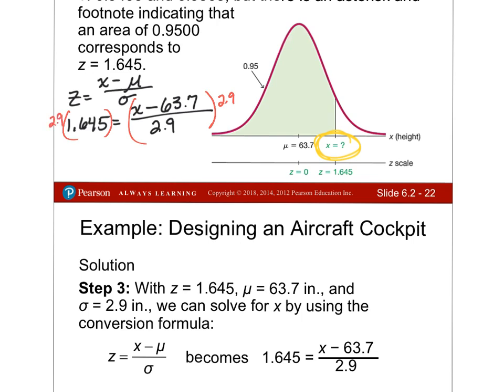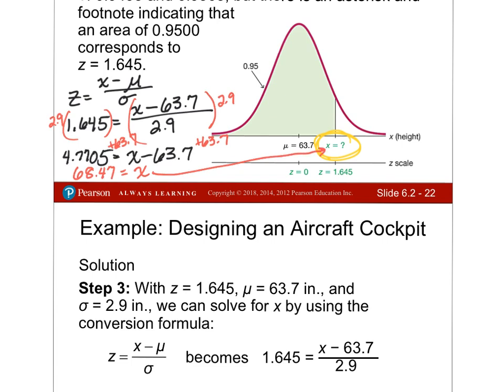Let's see what that gives us. 2.9 times 1.645 is 4.7705, which equals x minus 63.7. Now we add 63.7 to both sides, and we get 68.47 equals x.